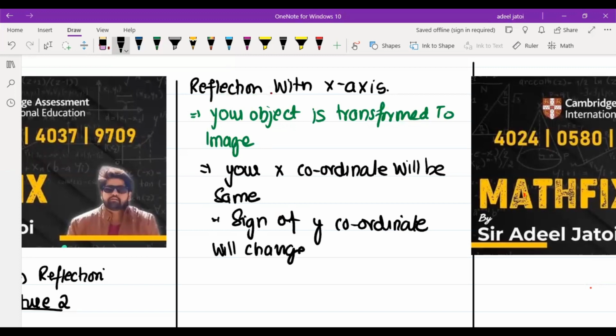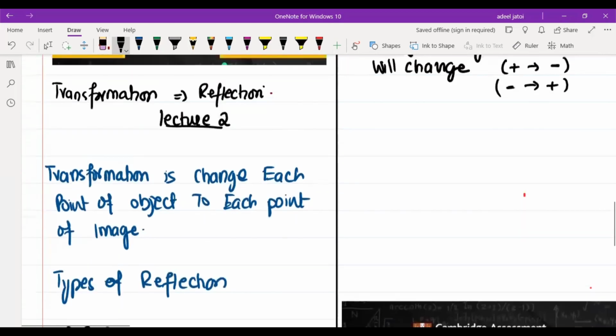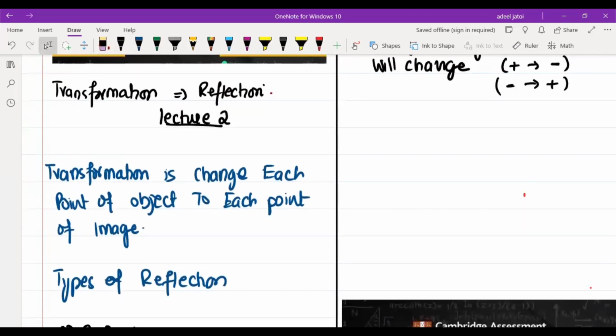If it is positive, it will be negative. If it is negative, it will turn to positive. You need to understand this point, which is important.